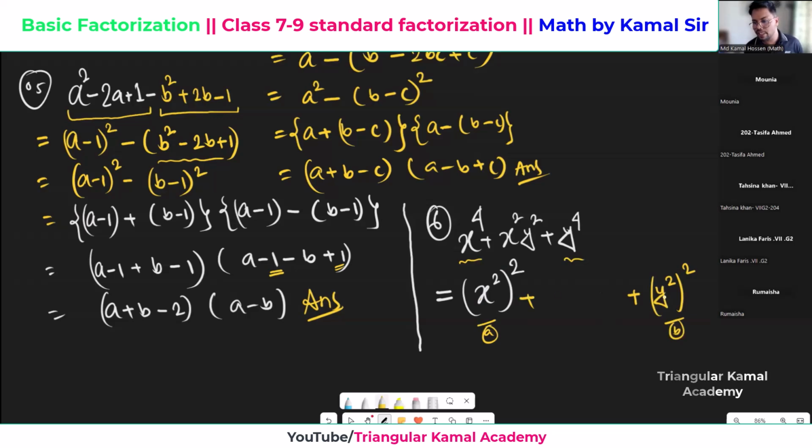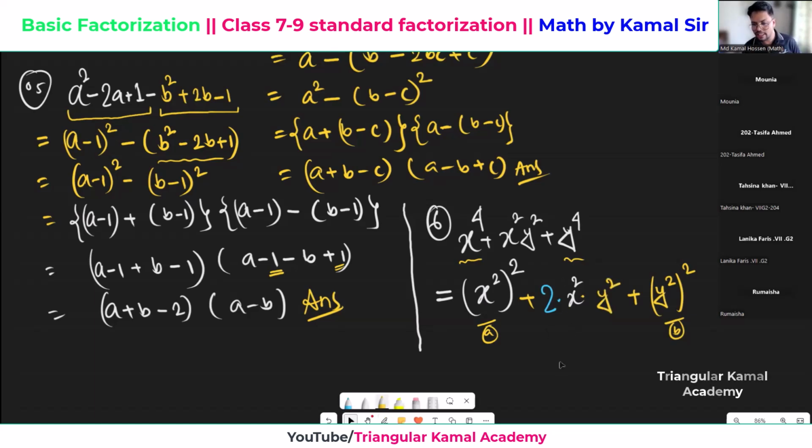A square and B square, so the middle term is twice AB, 2 times AB. Now first write here 2 times AB: the 2 is from the formula, A from x square and B from y square.